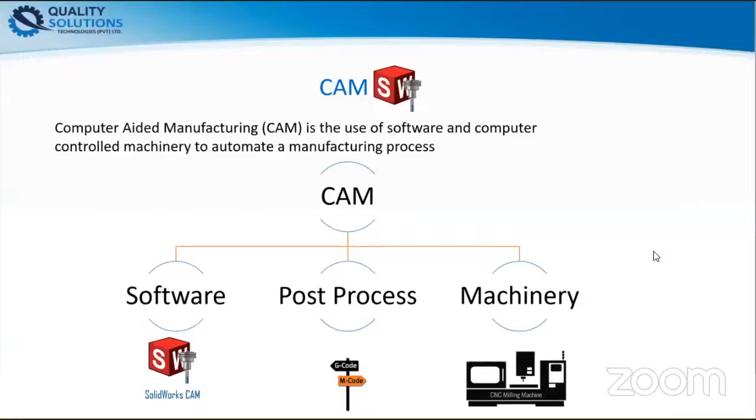We must also have a relevant post processor, which converts the programming into G and M codes, and this post processor is relevant to the type of controller we have on the CNC machine in the workshop. And thirdly, we require a CNC machine for performing the actual machining operation.